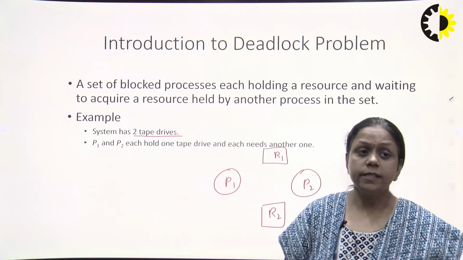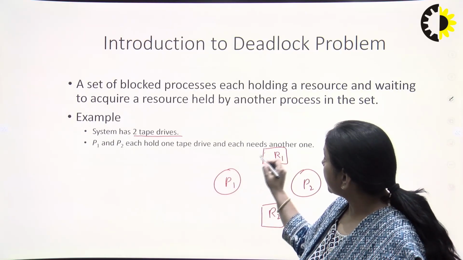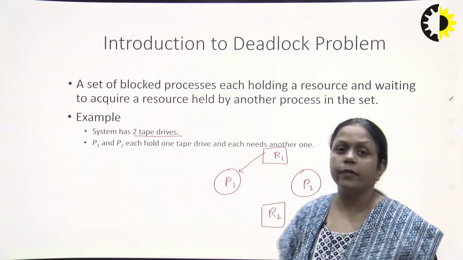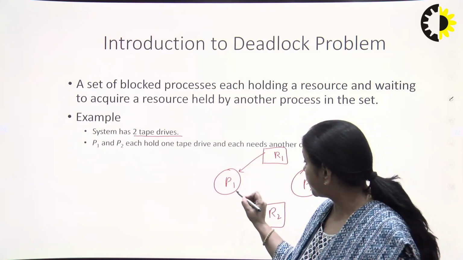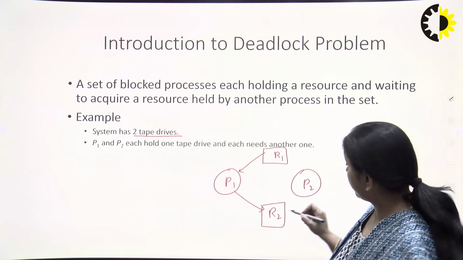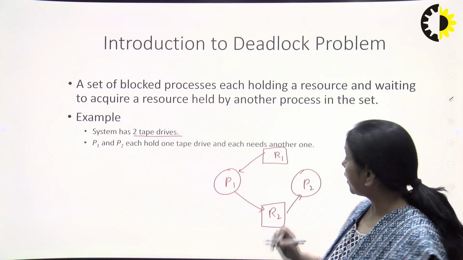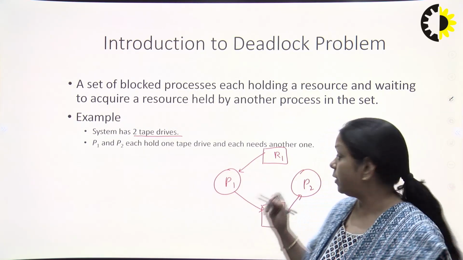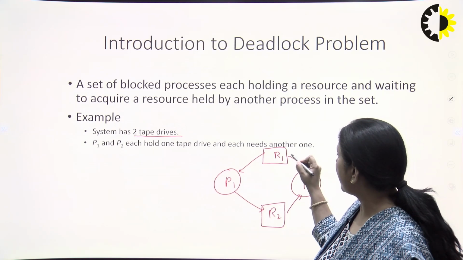In this case, R1 is allocated to P1 and P1 is requesting R2. And R2 is allocated to P2 and P2 is demanding R1.